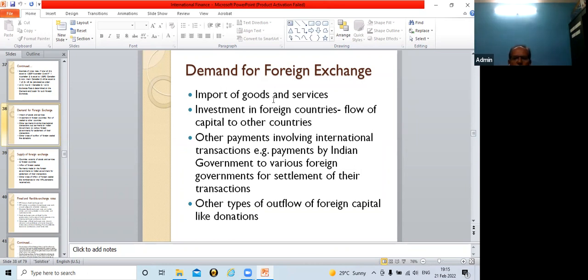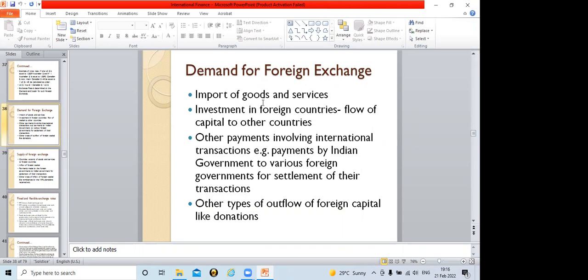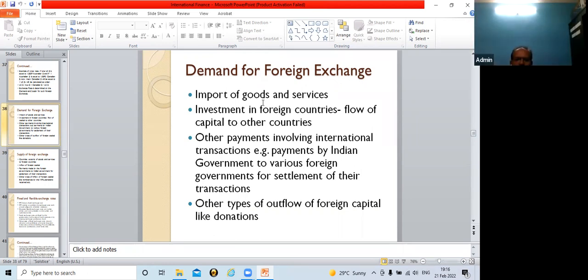When we import goods, currency comes. Currency, foreign currency comes. Import म्हणजे काय बरं? What do you mean by import? When we purchase goods from other country, त्याला म्हणतो आपण import.